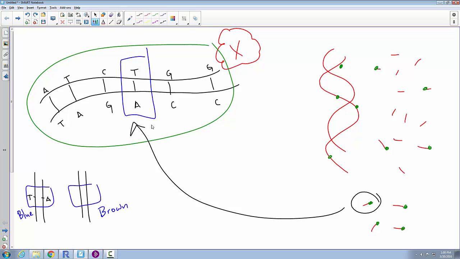Then my reference manual is conflicting. One copy says blue, one copy says brown. So there has to be a tiebreaker. What's it going to be? Is it going to be blue, or is it going to be brown, or is it going to be something else? There's this idea of one of these can be dominant over the other one. So, for example, if I have one blue allele, one brown allele, and brown is dominant over blue, I'll have brown eyes, even though I have an allele for blue eyes.